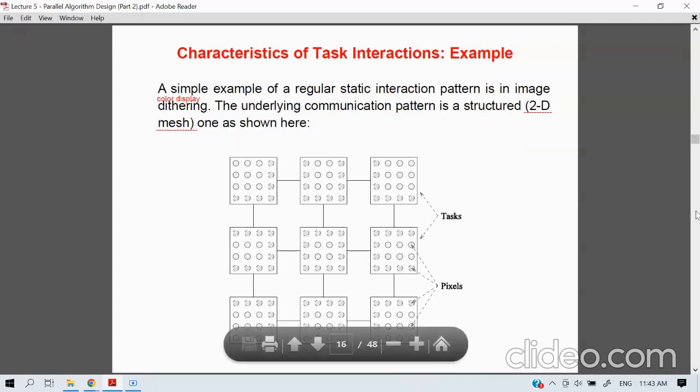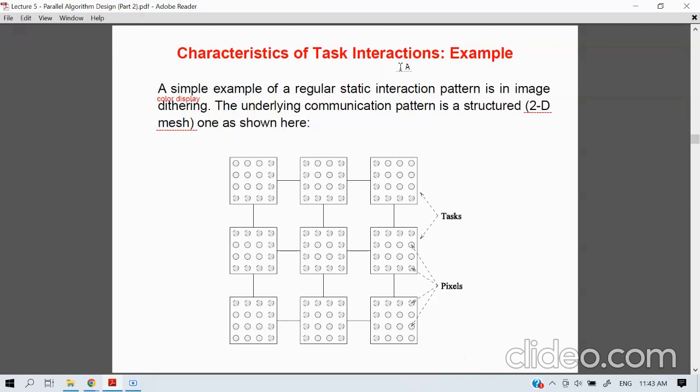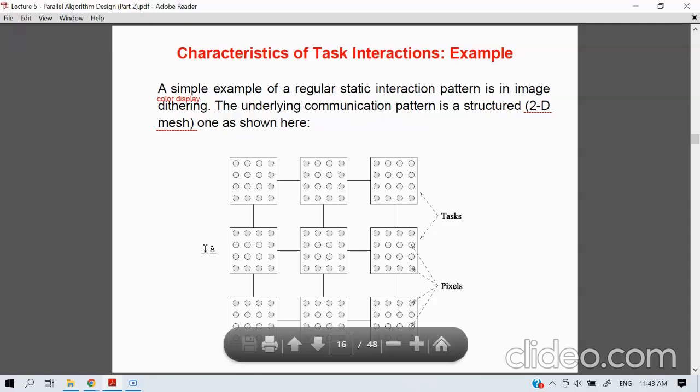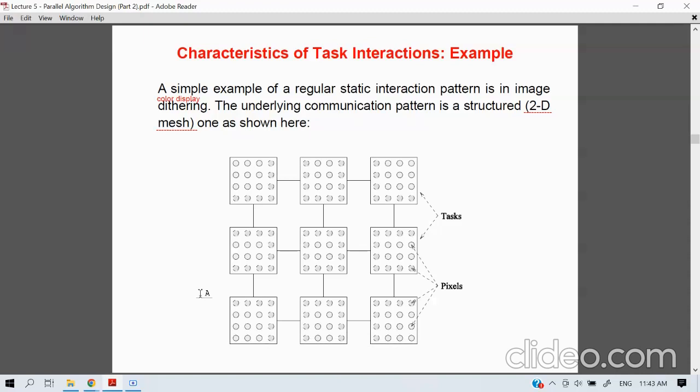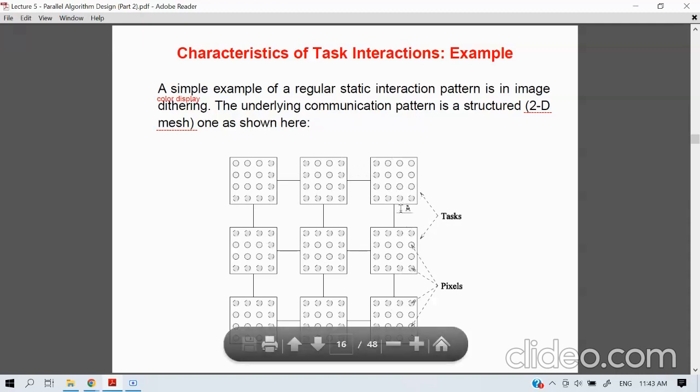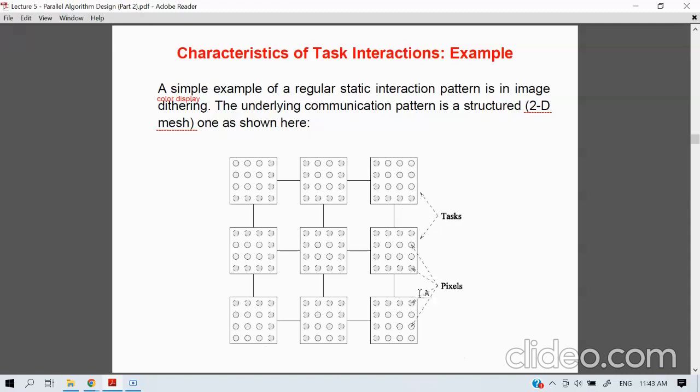Okay, so let's look at an example of characteristics of task interaction. Consider a 2D mesh, where the interaction is static and regular, as in image dithering. Assume that this is the image dithering process, and the process is decomposed into subprocesses. There are 9 processes, and these tasks need to communicate with each other.